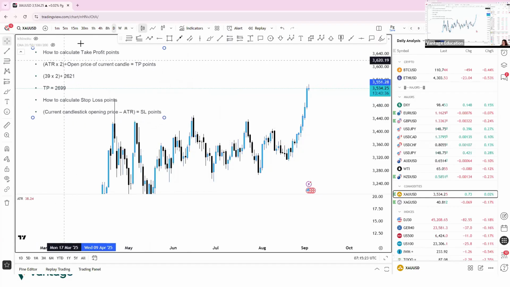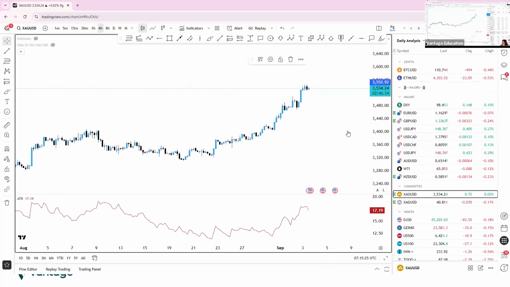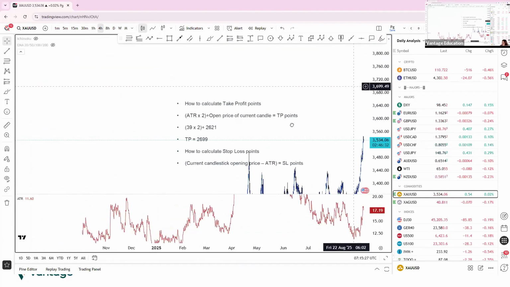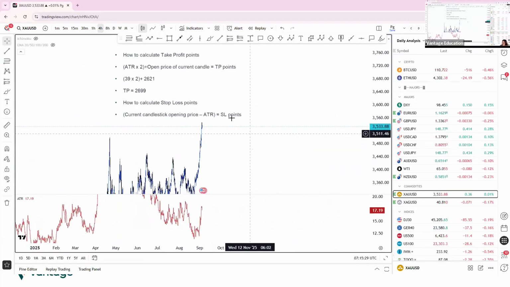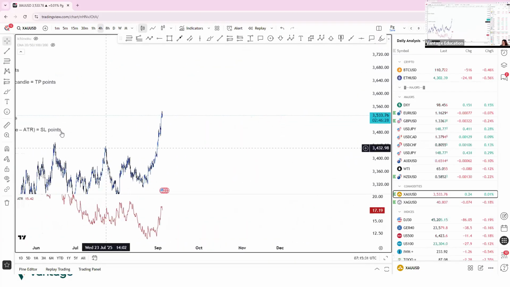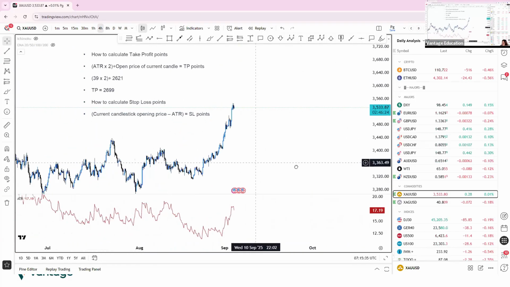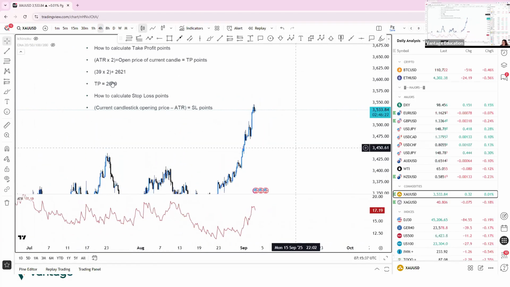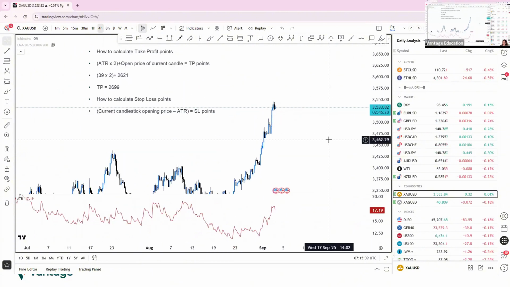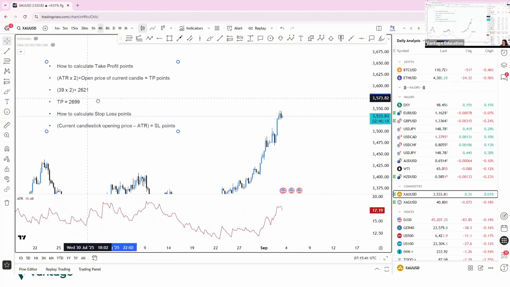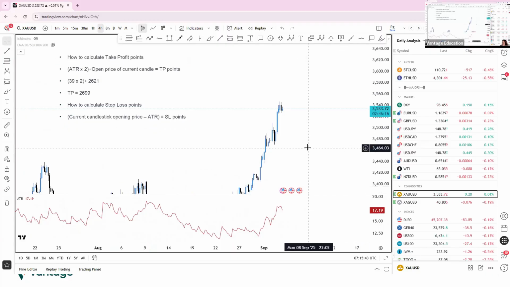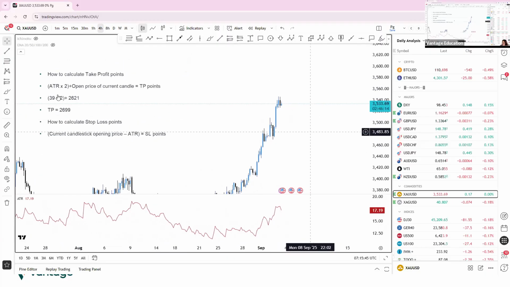Now I'm going to use H4. Let's say we're going to calculate here. You can use the opening price of the current candle. I take it very simple, but I will show you how to calculate first.